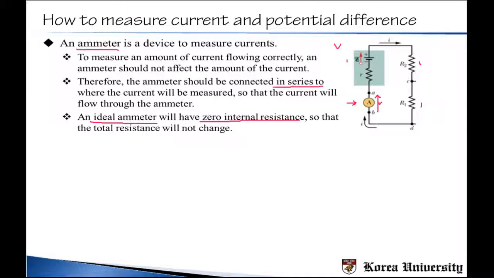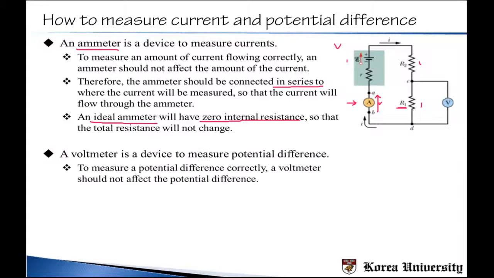Okay. And now, how do we measure the potential difference? Suppose we are trying to measure the potential difference across the resistor R1. How do we have to connect the device, and what kind of device would that be? We call it a voltmeter, a device measuring the voltage. Take a look here.